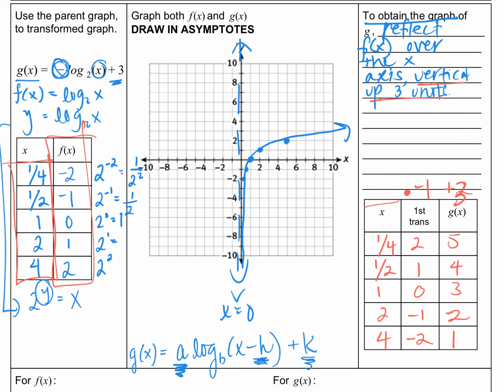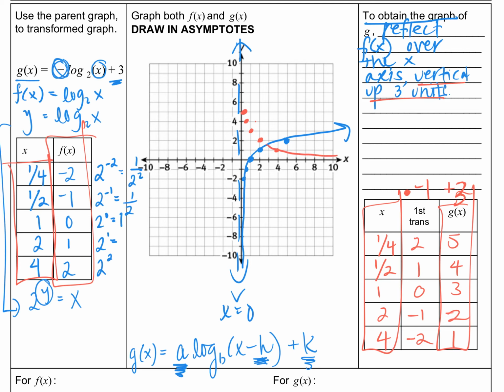So then we have some new values that we can plot for our x and y values. 1/4, 5. 1/2, 4. 1, 3. 2, 2, and 4, 1.